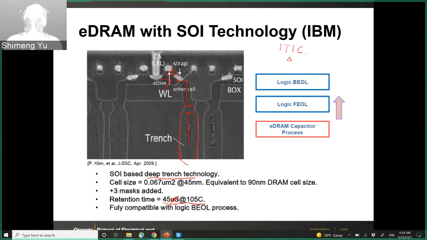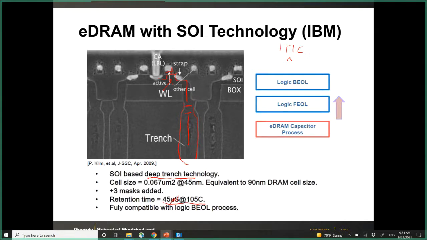You know standalone DRAM should be more than 64 milliseconds, right? And this one is reduced to tens of microseconds. So the retention time is much reduced. That means you have to refresh the DRAM much more frequently in this case.